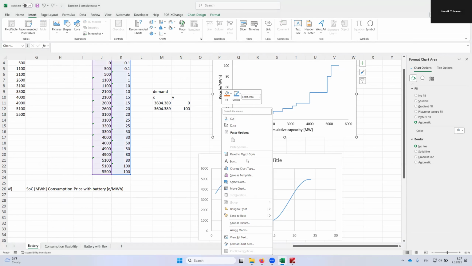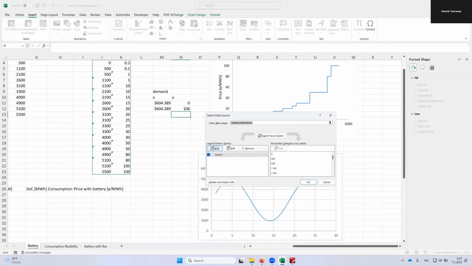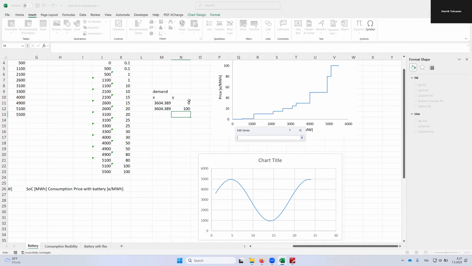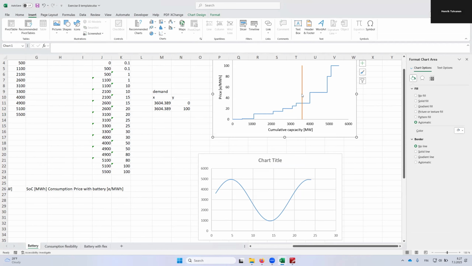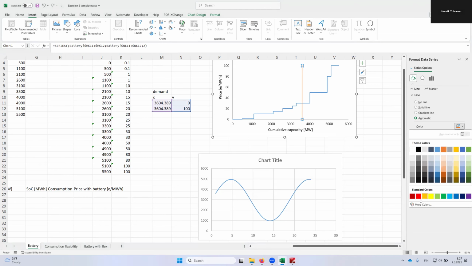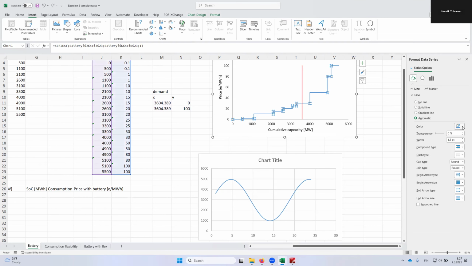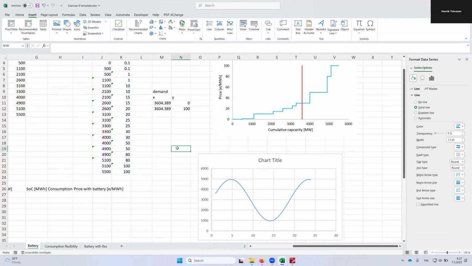So now if I add this in here, not even going to label it, X values in here and Y values in here. I'm going to change the color for it to be a bit brighter. Yeah.